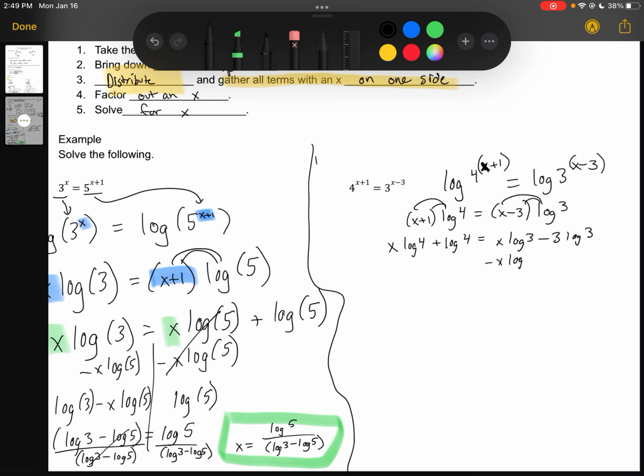So we want to move all the x's to the same side. And then the next step is make sure it's just x's alone over there, so we do have to move our log 4 over.